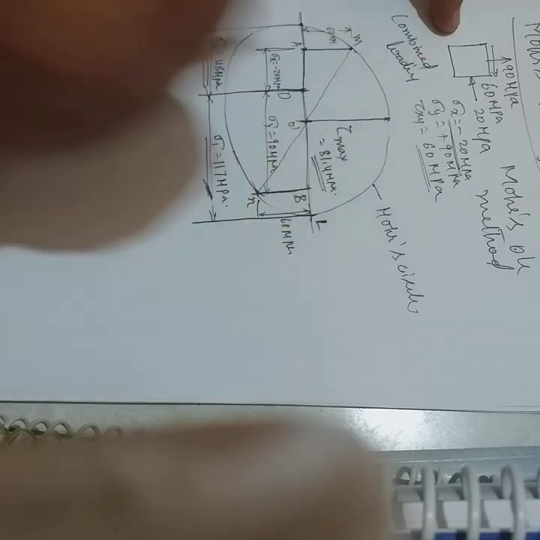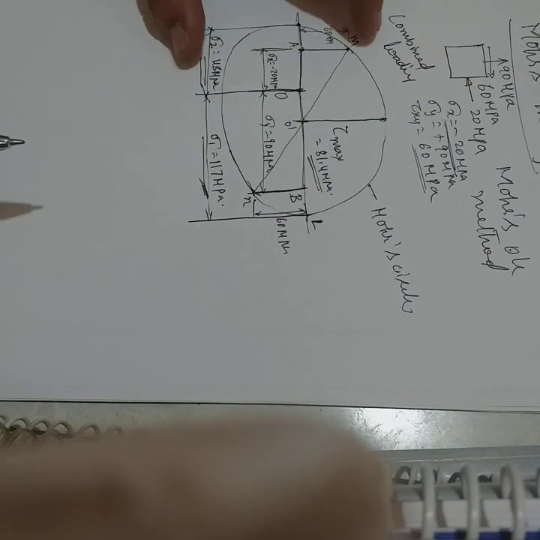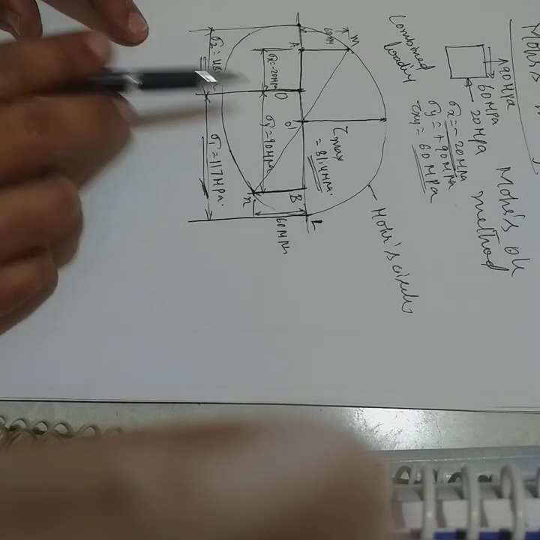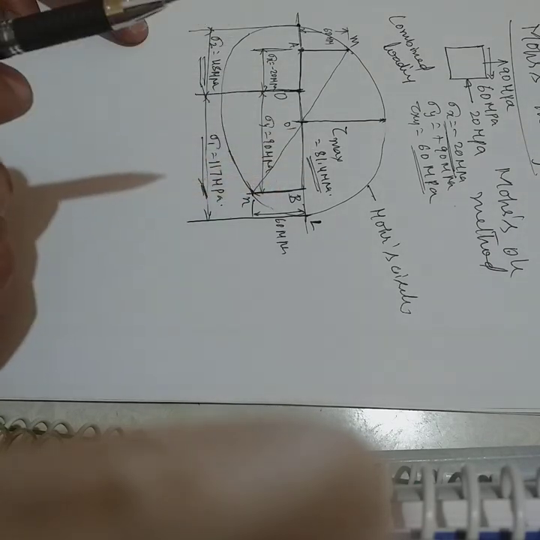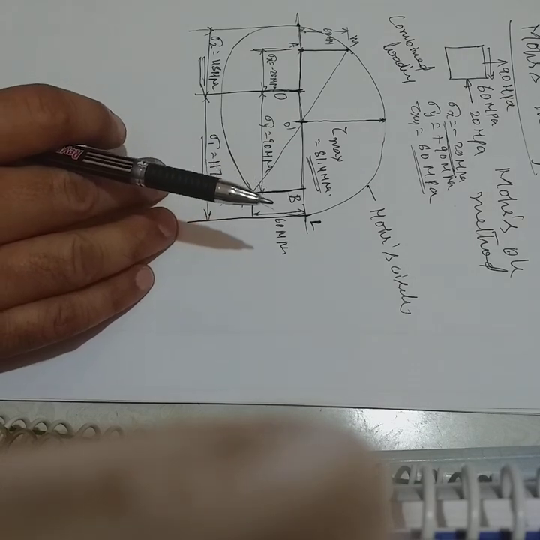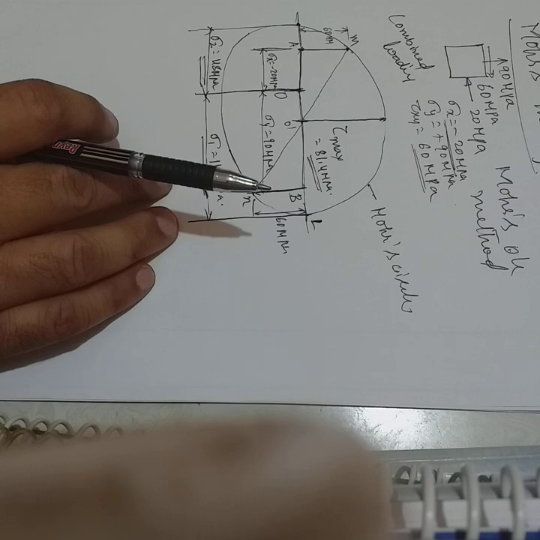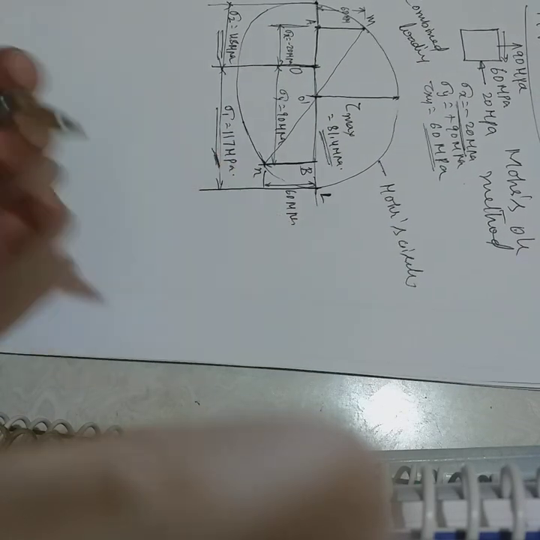By Mohr's circle method we can find out the maximum and minimum principal stresses and the maximum shear stress value. This is about Mohr's circle, which we need to know before we get into the review of static theories of failure.